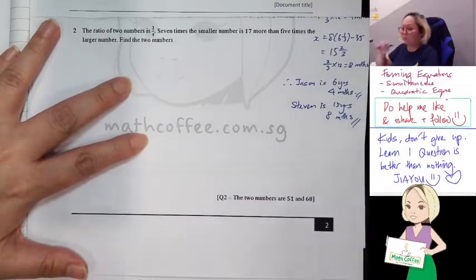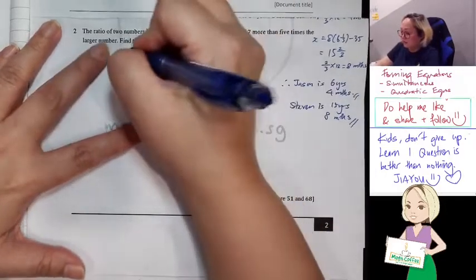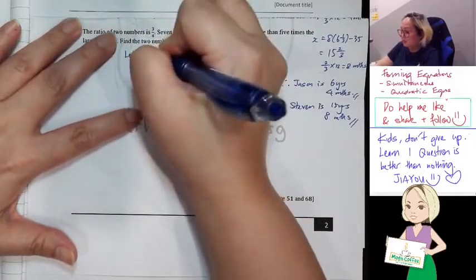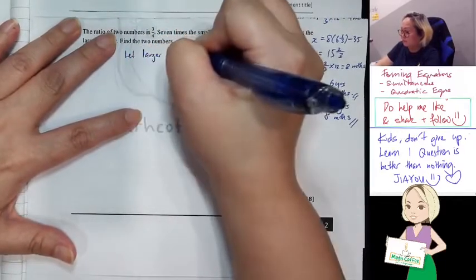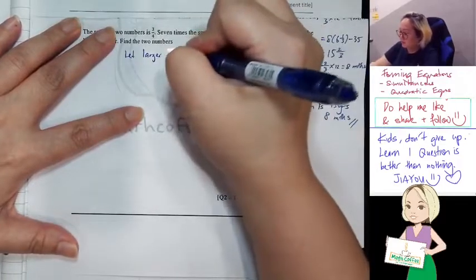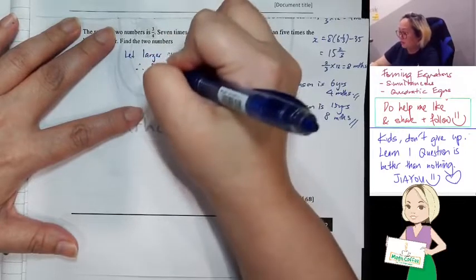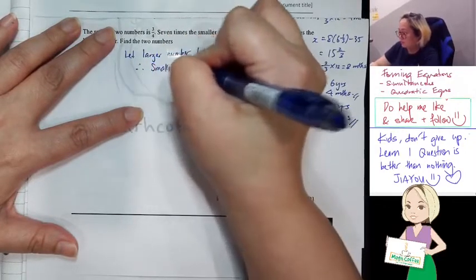Find the two numbers. Same thing, since I have two numbers, I can say I'm going to let the larger number be x. Therefore the smaller number be y.